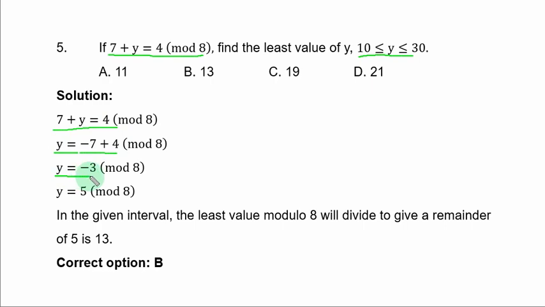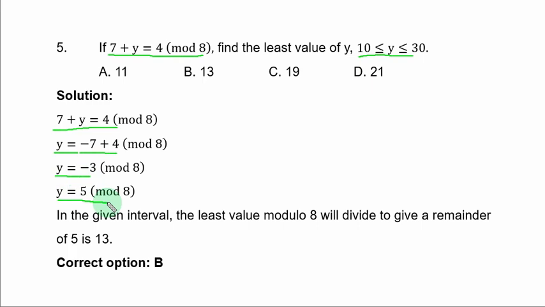Now modulo 8 has 8 elements or residues from 0 to 7. So minus 3 is not an element in modulo 8. If you deal with that first, you simply add 8 to minus 3, that gives you 5. In other words, minus 3 is equivalent to 5 in modulo 8.